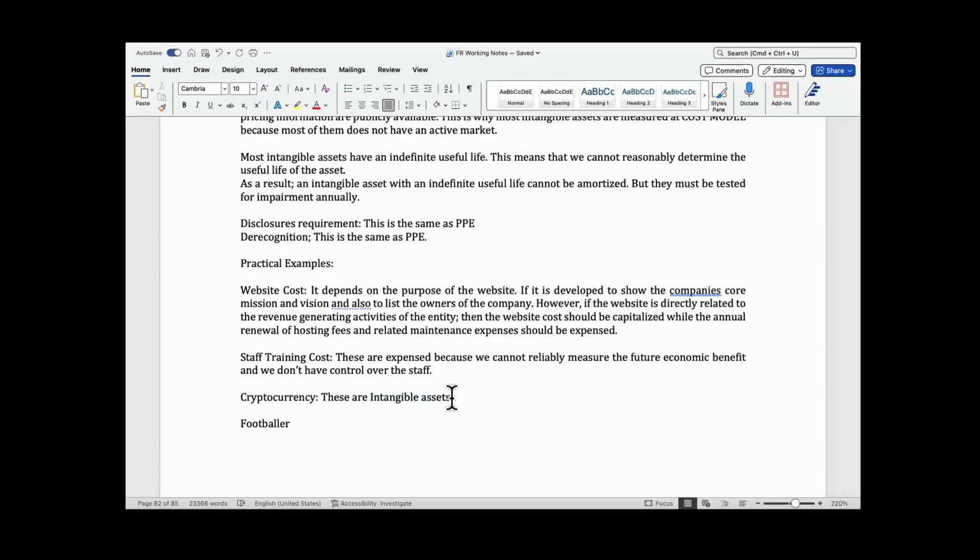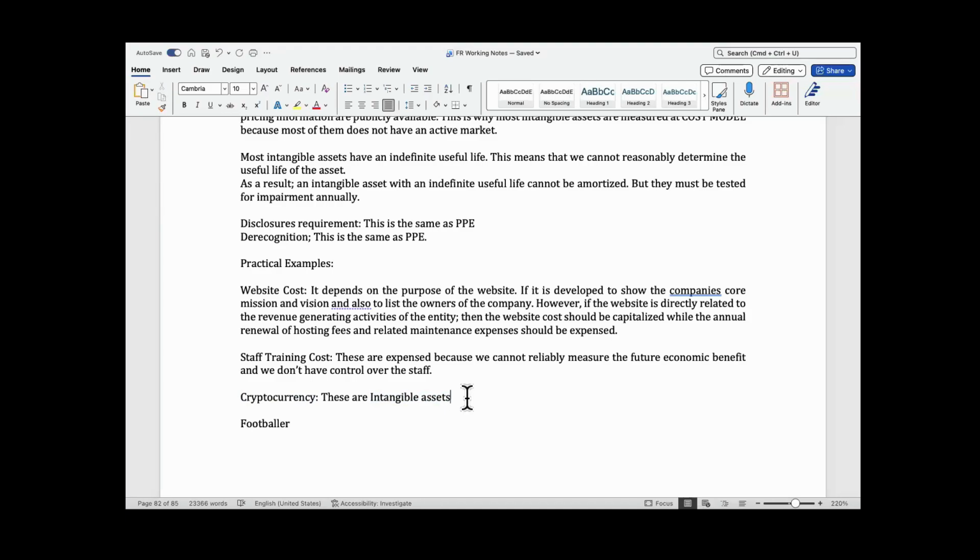We usually categorize them under intangible assets. Though there is no standard for it yet, there was an interpretation by the IFRS Interpretation Committee on how we should classify cryptocurrencies. And that is where I know that they should be classified as an intangible asset.